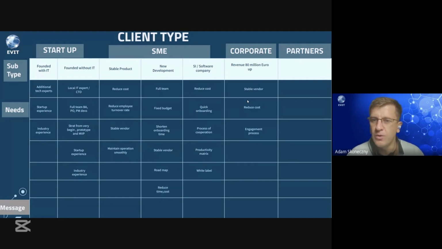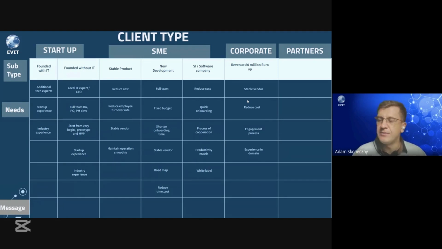You need to show that you worked before with corporate and you have a process of onboarding. You know how to create, how to respond to RFP, request for the proposal. They really want to know that because you most likely will be working with procurement department. And those people, they have a very specific process that you need to go through this process with them. And if you're not familiar with the process, if you make it problematic, they will not choose you for sure.